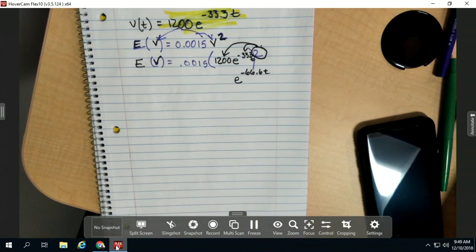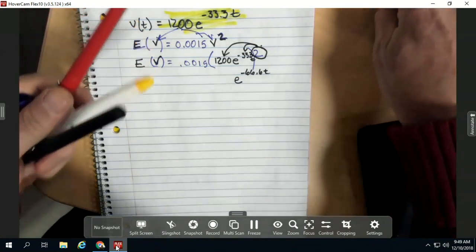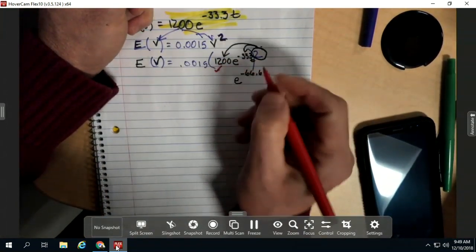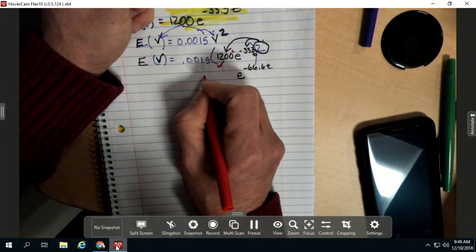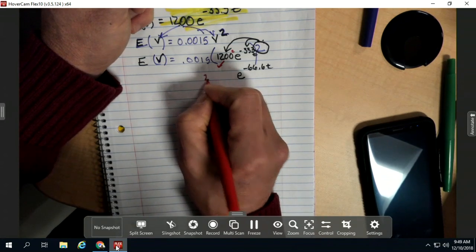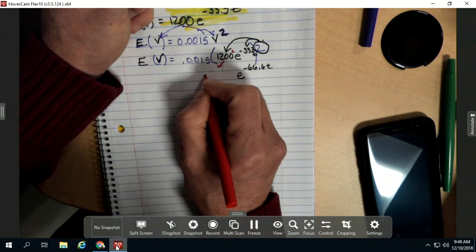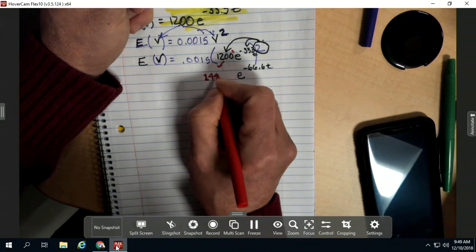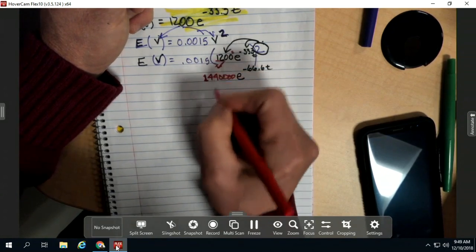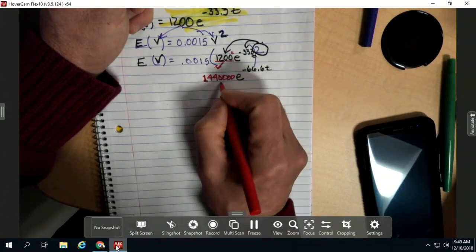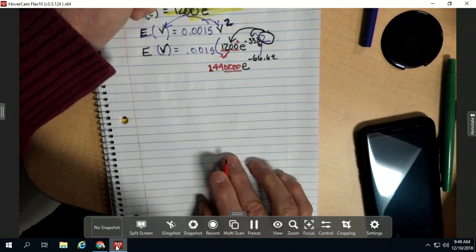What did the squared do to the exponent? Multiply it by 2. So we're good there. What is the squared going to do to the 1200? What'd you get, Sam? 1200 squared. Looks like it's 1.4 million-ish, 1.44 million. So 12 squared is 144. 2 zeros squared is 4 zeros, right?